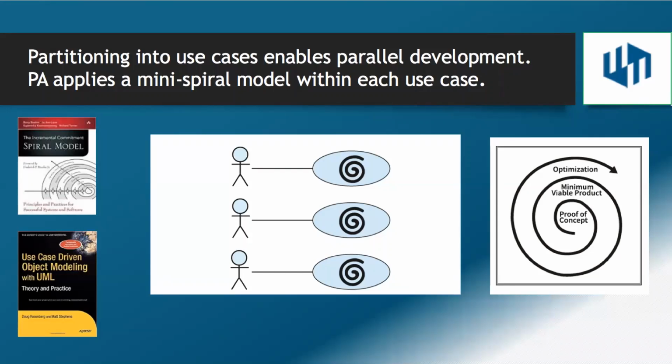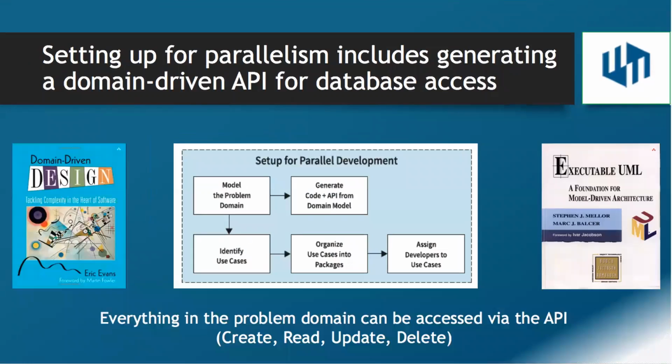But we've put the spirals inside the use cases, which means that each of these use cases can evolve asynchronously from the others. And you can actually have large teams of developers with a developer working on each use case. So we've had really interesting results with it. Go ahead, Daniel, hit the next one.